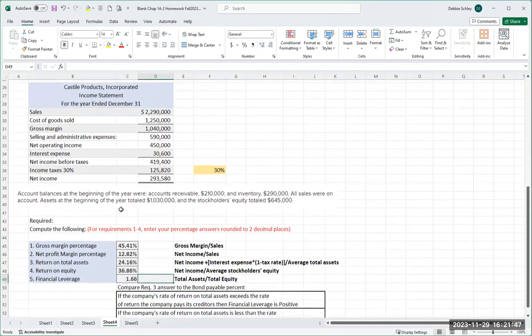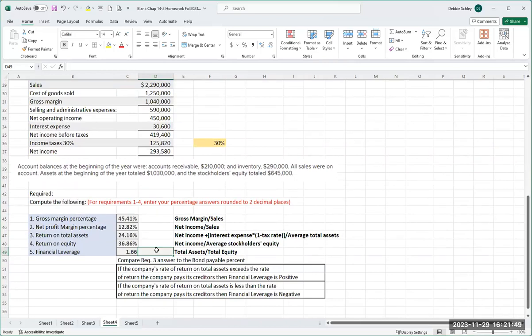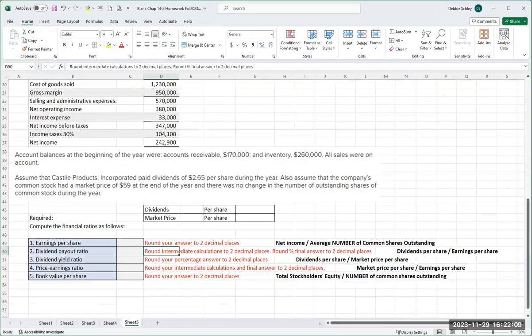And it is, so mine is positive. If this required 3 had been less than 12%, then it would have been negative. That's the best answer I could come up with on how to figure out positive or negative financial leverage. All right, question 5.